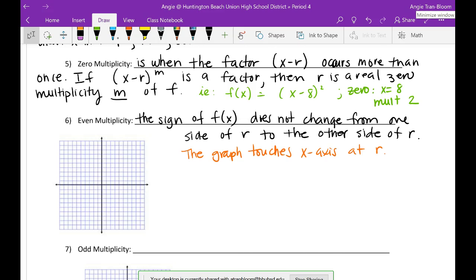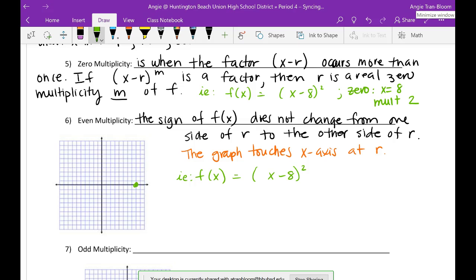Okay, so for the sake of argument, we are going to graph out or sketch out what we came up with above. f of x equals x minus 8 squared. So you guys told me earlier that the vertex is at 8 comma 0. Okay, 8 comma 0.